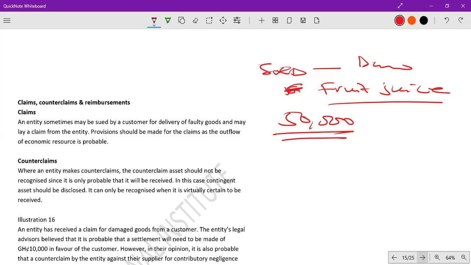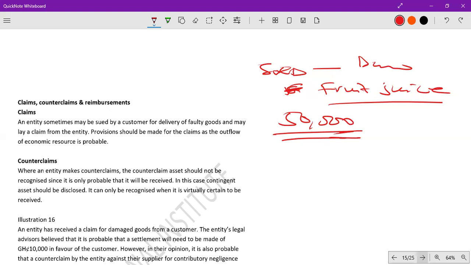Upon receipt of this claim, this is the claim against the company. This is what they have filed. So whether you will be liable for this claim or not will depend on the probability or the outcome of the case, which your lawyers would advise on, your probability of losing or gaining or being liable or not.